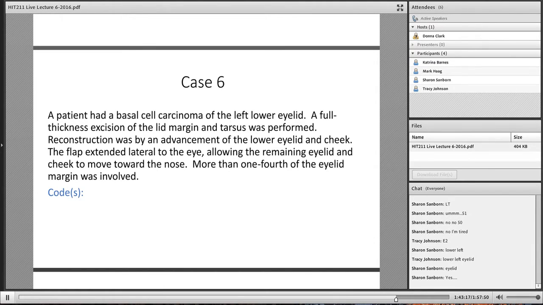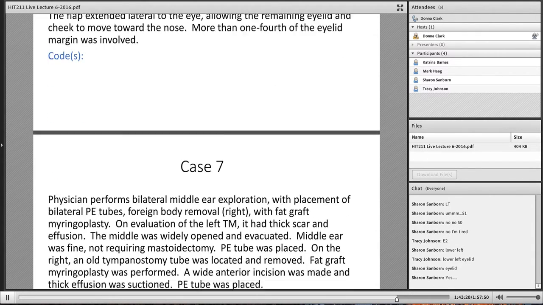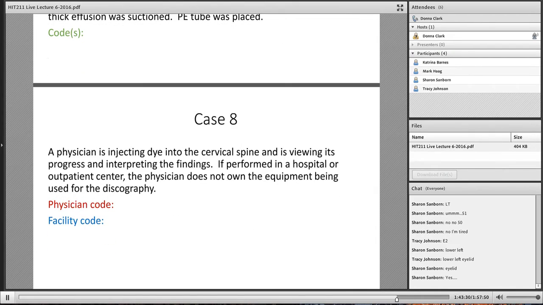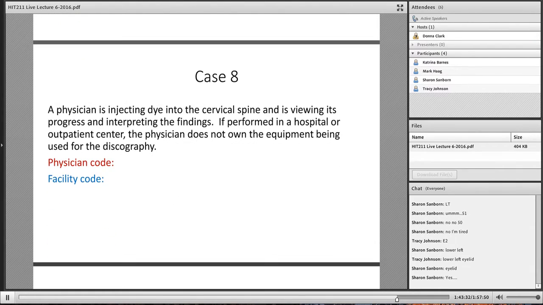And you can always practice. These are extra practice ones. Let's go to case 8, and then we'll look at our cases for the week. All right, this is a short one.